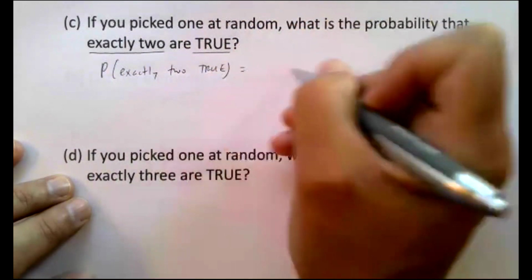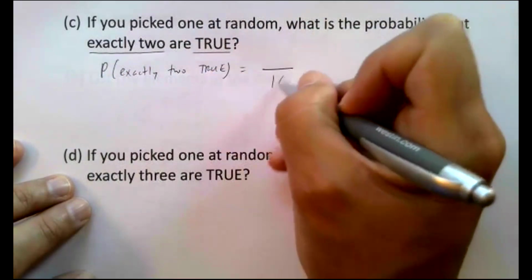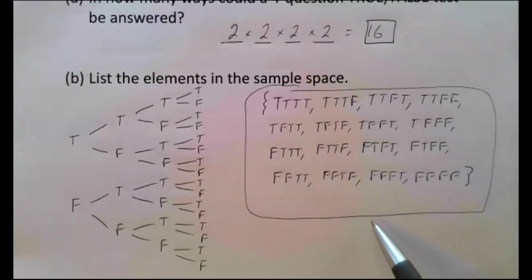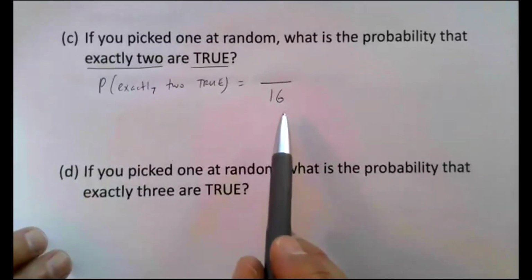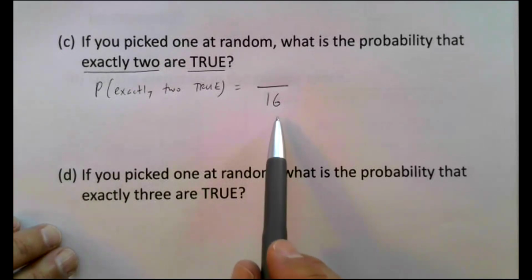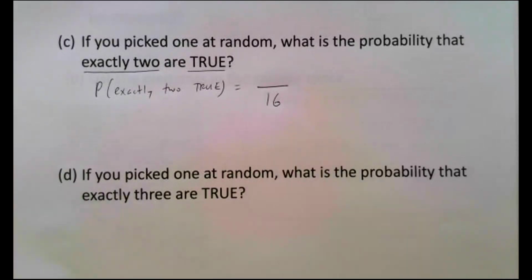So out of those 16 ways, there are 16 ways to do this, right? All 16, we see them all right there. So that's why my denominator is going to be 16 here. But how many of those 16 have the property that has exactly 2 trues in it? That's what we're talking about here.